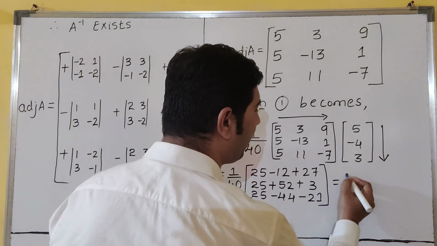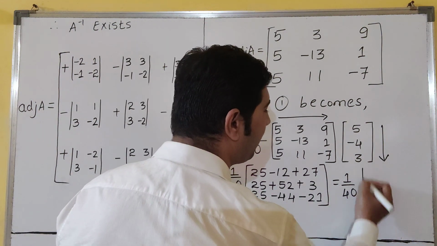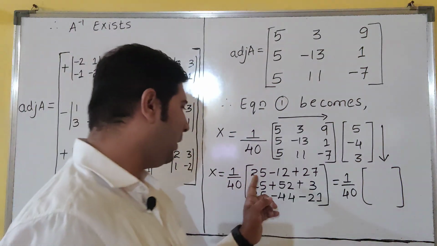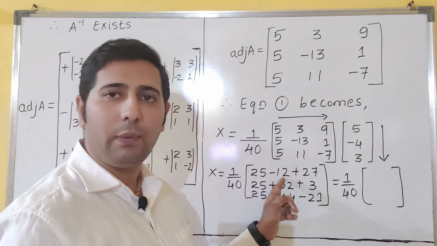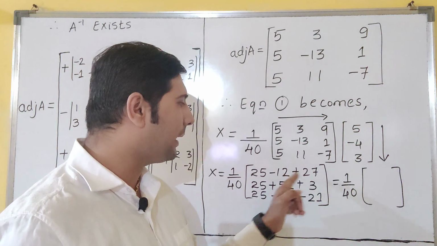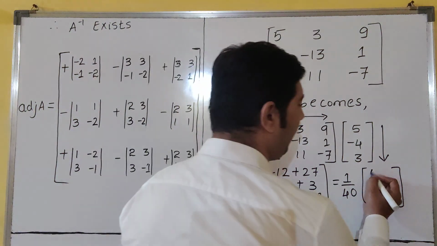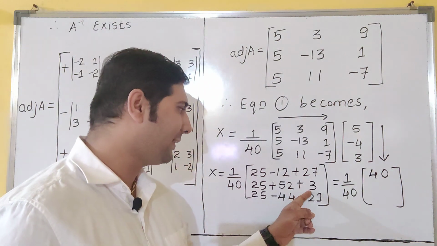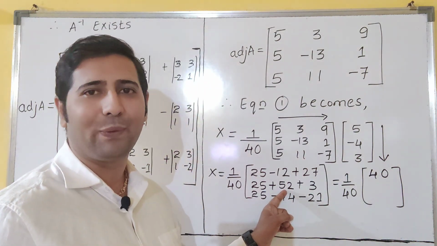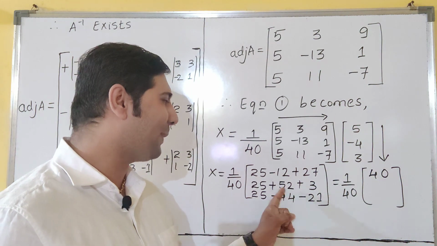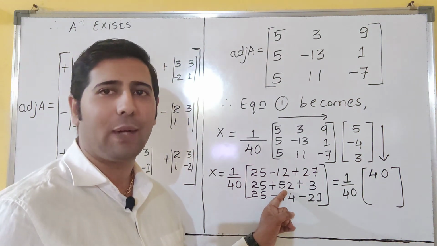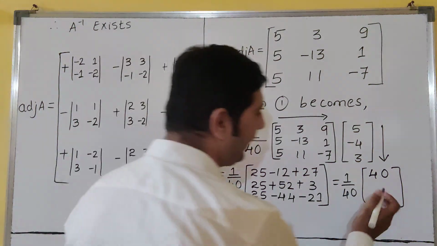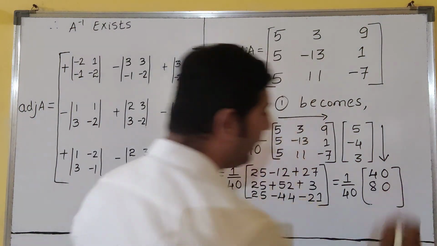So how much will you get? You see 1 by 40, and if you add them: 25 minus 12 is 13. 13 plus 27 is 40, dear students. Next, 3 plus 52 is 55. 55 plus 25 is 80.